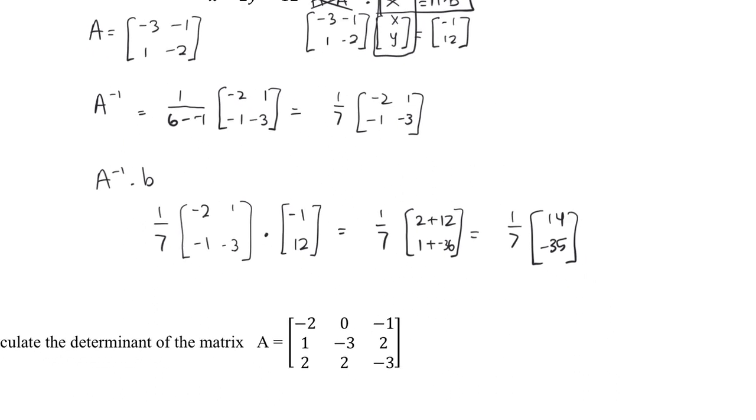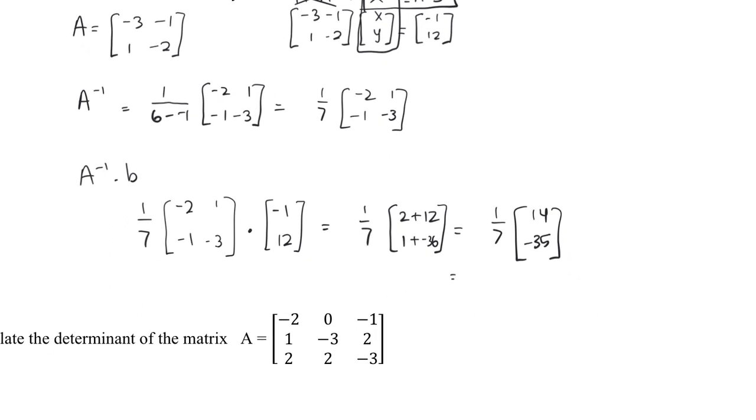And -35. Now multiply by the 1/7, and we get 14/7, which is 2, and -35/7, which is -5. So this is what this matrix is equal to. So x is 2 and y is -5.